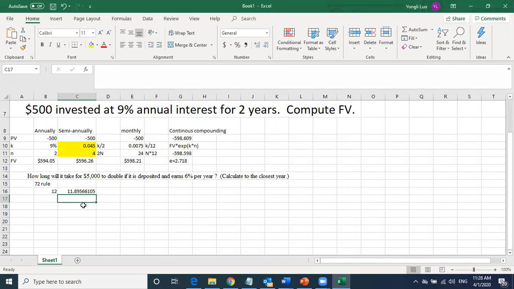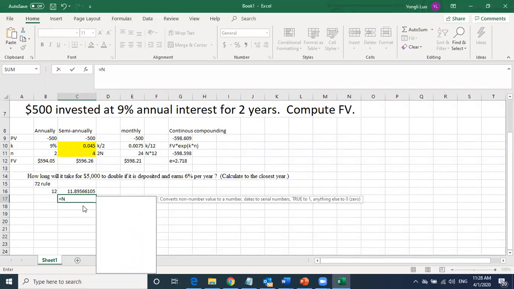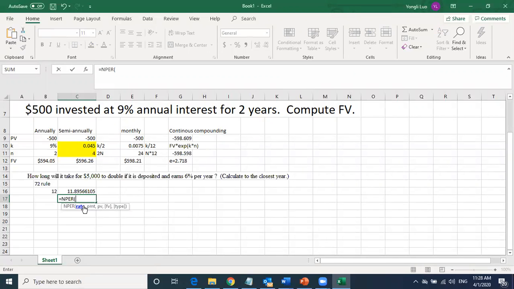Or you do the same thing. They ask you how many years your money can double? They didn't tell you to deposit $5,000 or whatever. So you just use NPER. The rate, let's say 6%. Payment is 0. Present value doesn't matter. You just put -1, and then it doubles, so future value you choose 2.